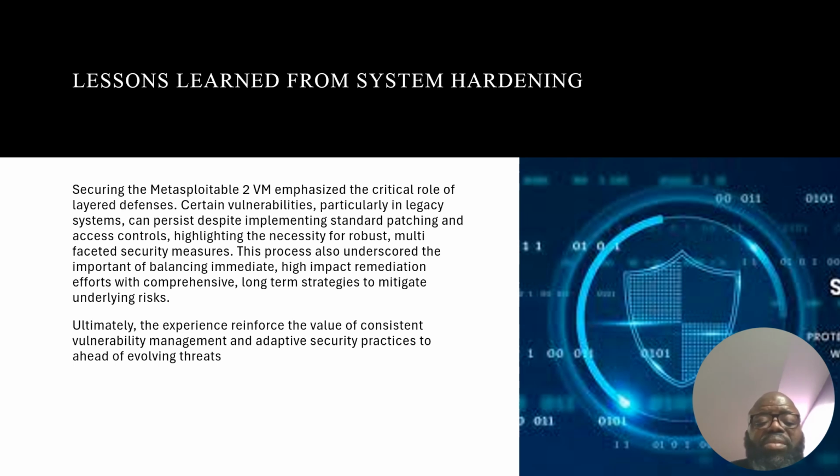This process also underscored the importance of balancing immediate high-impact remediation efforts and comprehensive long-term strategy to mitigate underlying risks. Ultimately, the experience reinforced the value of consistent vulnerability management and adaptive security practices to stay ahead of evolving threats.